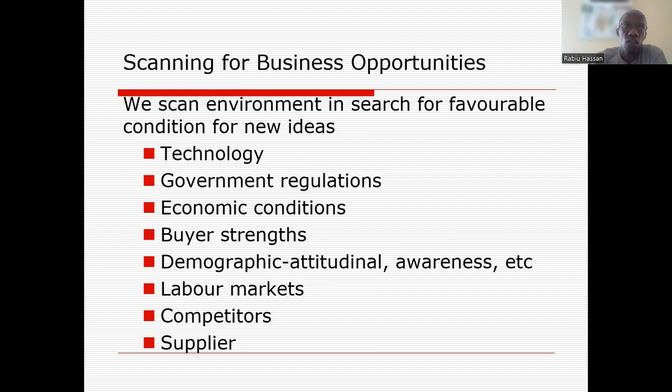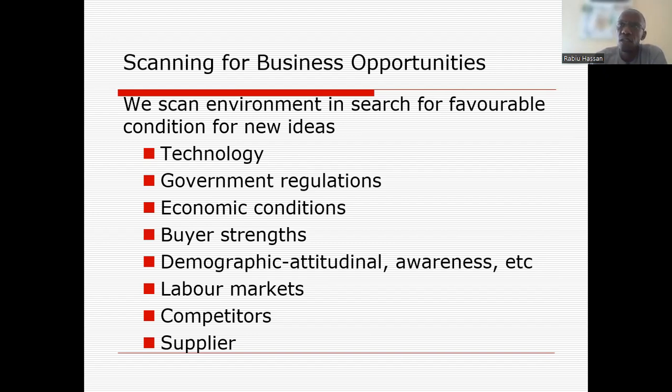If based on your analysis you discover that most of the inhabitants are young, small children, like babies, that is telling you to go into products or services that are going to be patronized mainly by babies, like diapers, tissues, cereals, and that kind of thing. Because their number is much in that community, you will be able to make a lot of sales. Unlike if you go into a product that is going to be patronized by people who are the minority, in that instance you may not make a lot of sales.